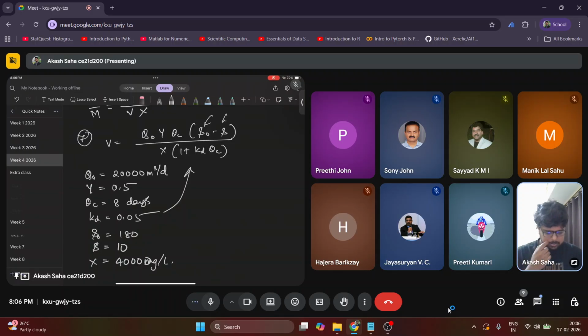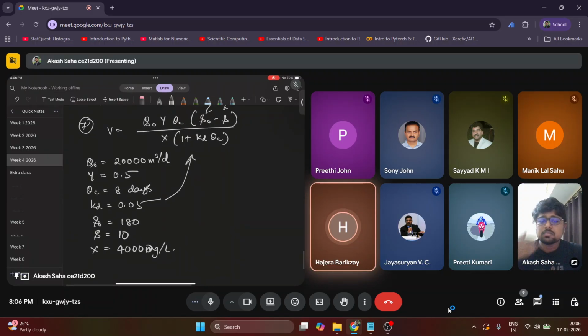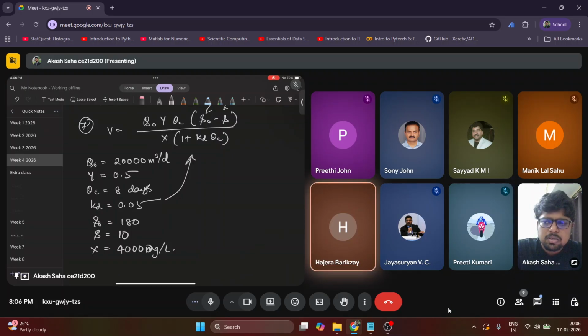Milligram per liter. Okay. Sir, how about the units? Shall we keep X as milligrams per liter, or should we change it to kilograms per cubic meter or something?